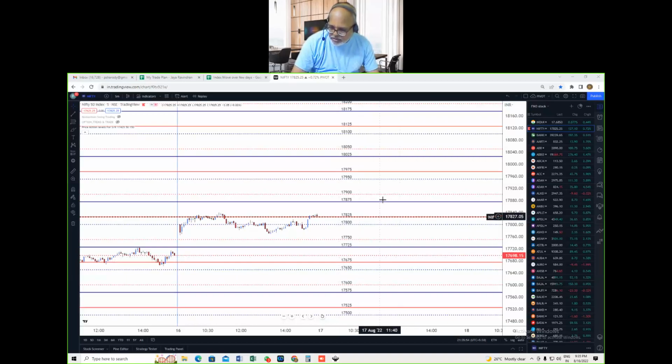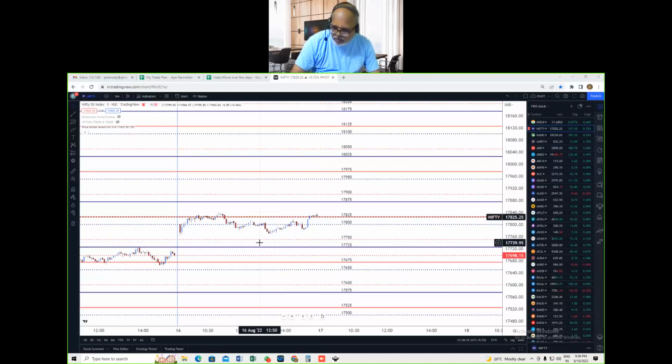The stop loss here is 50 points and the target is the next blue line, or the next red line when the market comes down. And the dotted lines are the midpoint of these two blue lines, and this red dotted line is the midpoint of these two red lines.